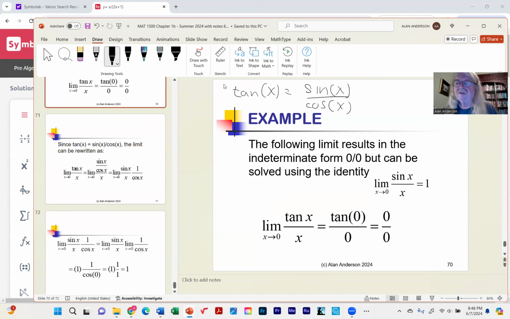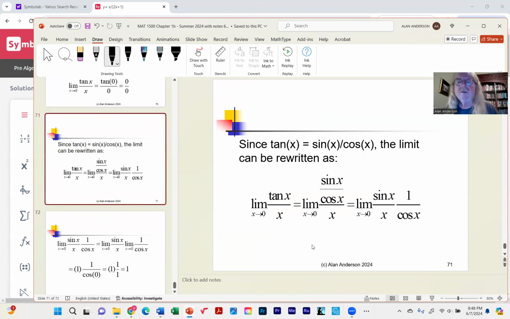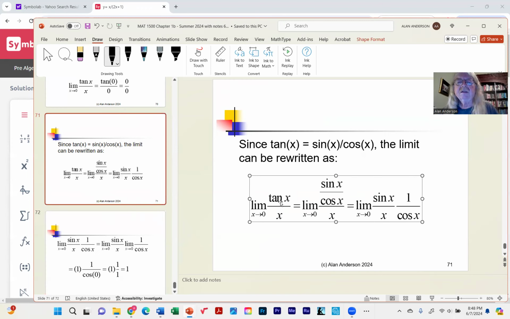Well, how does that help us? What I'm going to do here is rewrite this tangent as sine x over cosine x, and then algebraically that's equivalent to what you're seeing here.